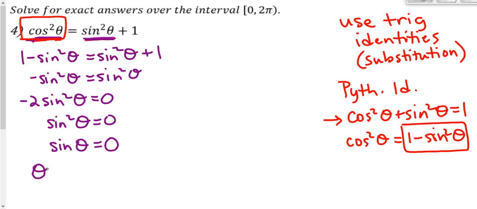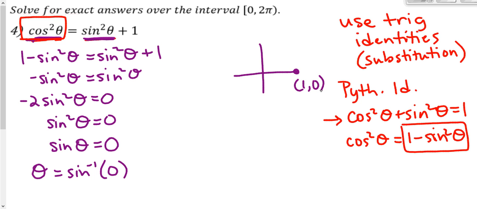Now take the inverse sine. Theta is the inverse sine of 0. So what are the angles whose sine is 0? You might even be able to do it without drawing a picture by this point. Sine is 0 at 0 radians and at pi radians, 180 degrees. So the answers are 0 and pi.